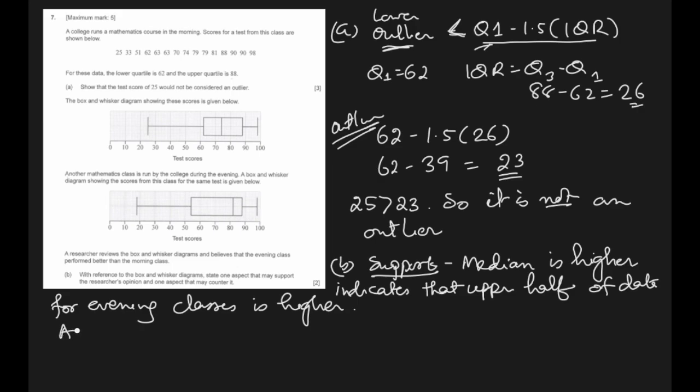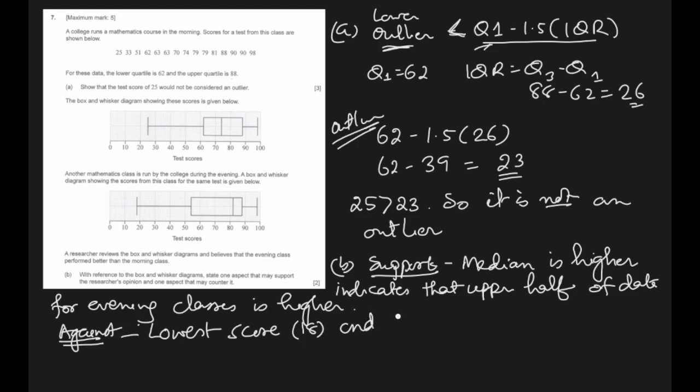Now the one which is against it. So against means the lowest score, and what we can write is about 18.